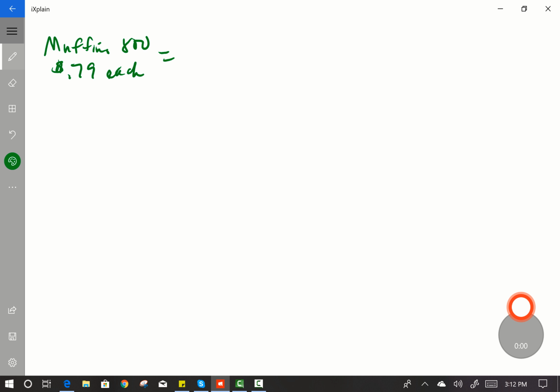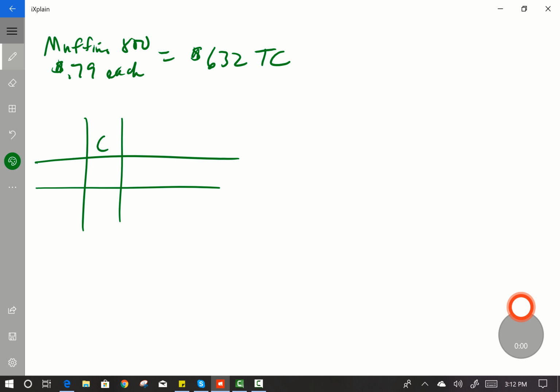So our total cost is 800 times 79 cents each, which equals $632. That's the total cost.